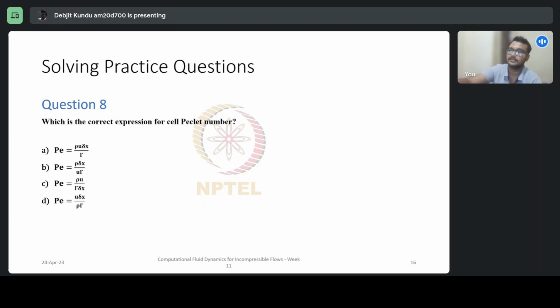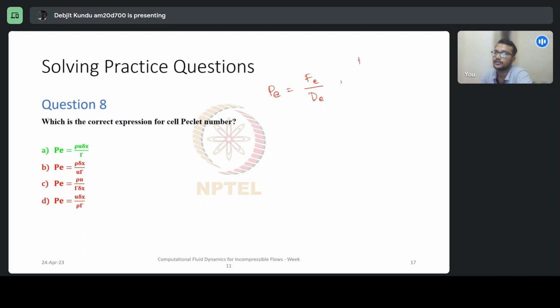Let's have a look at the correct solution. There is option A, that is Peclet number equal to rho u delta x over gamma. So what happens is Peclet number is nothing but the ratio of the convective flux over the diffusive flux. These are the coefficients, the convective coefficient and the diffusive coefficient.